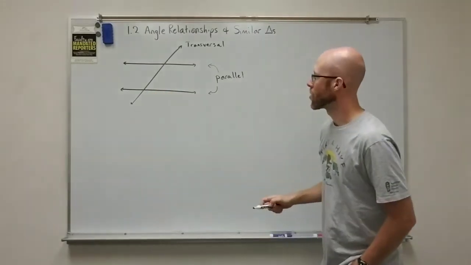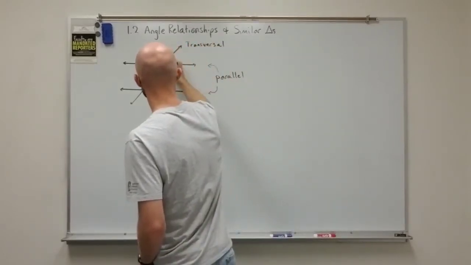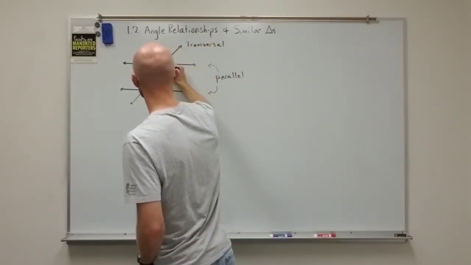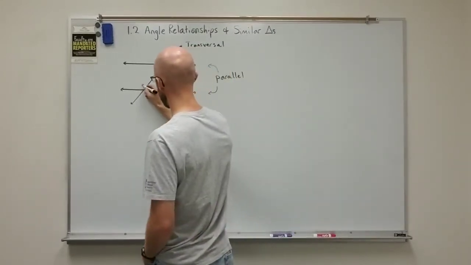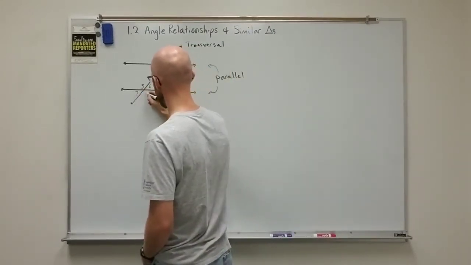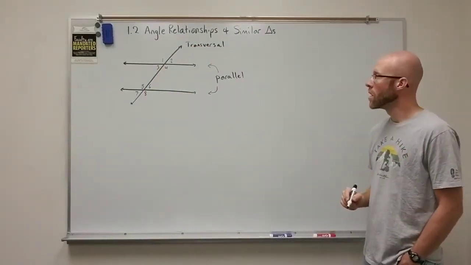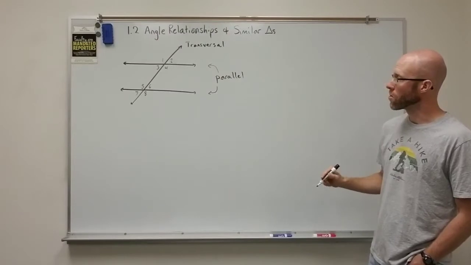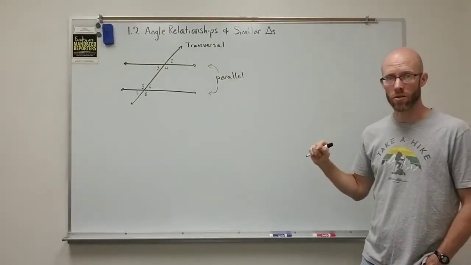I'm going to number those angles 1, 2, 3, 4 up on top, and then 5, 6, 7, and 8 on the bottom. So what we're going to find out is that there are some relationships between these angles.